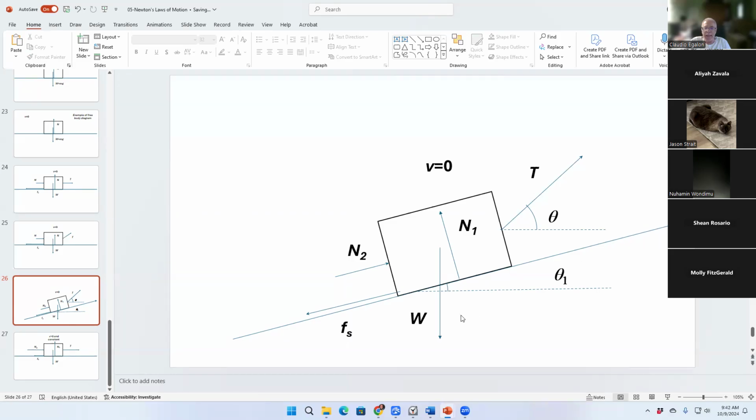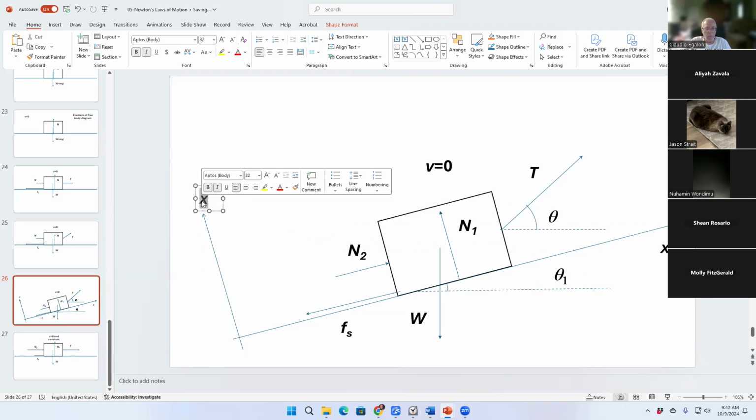If you put the x-axis along the inclined plane, the y-axis will be perpendicular to it. We can choose our axis to be whatever direction we choose.